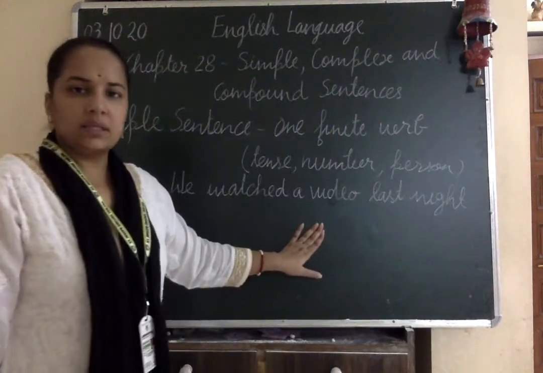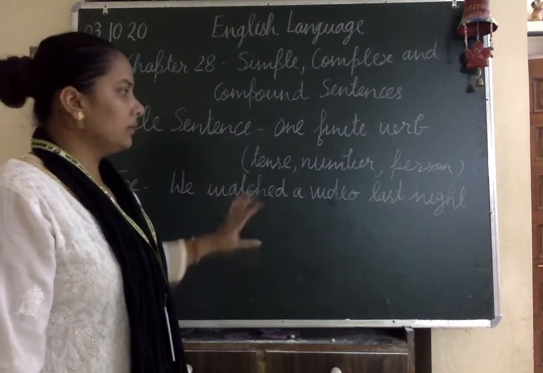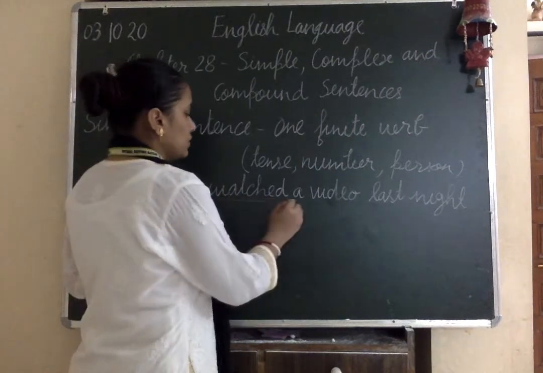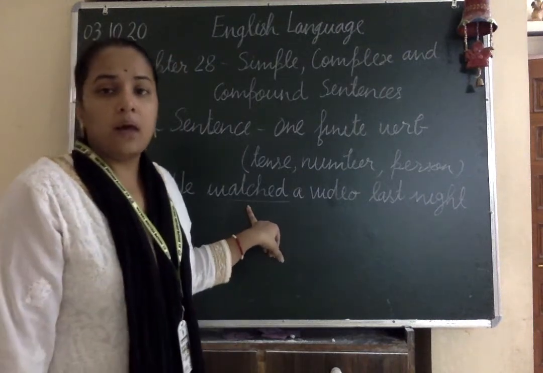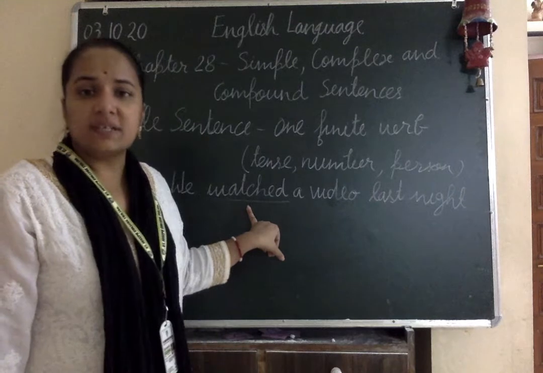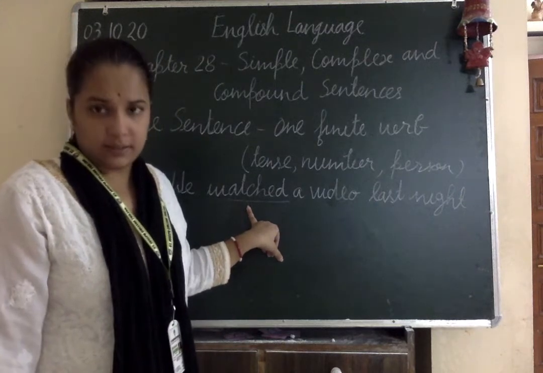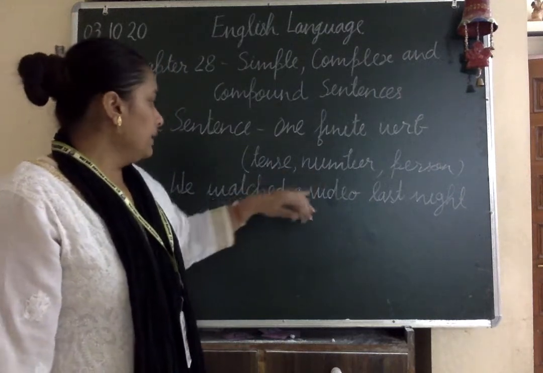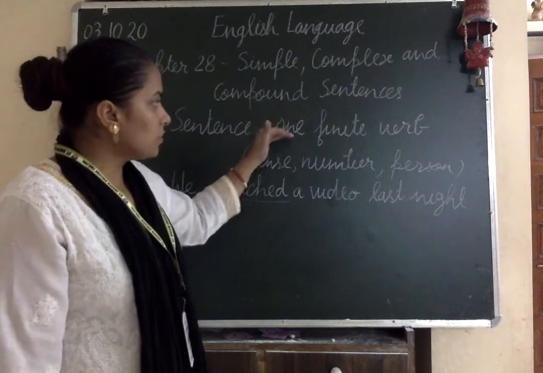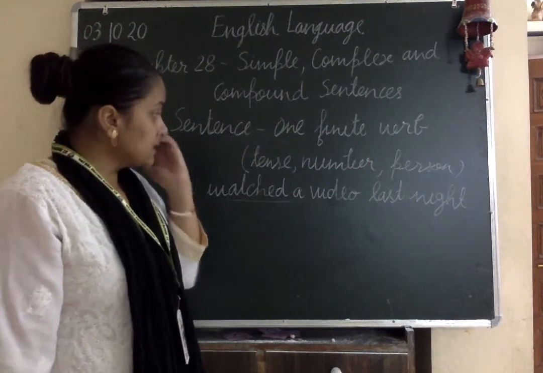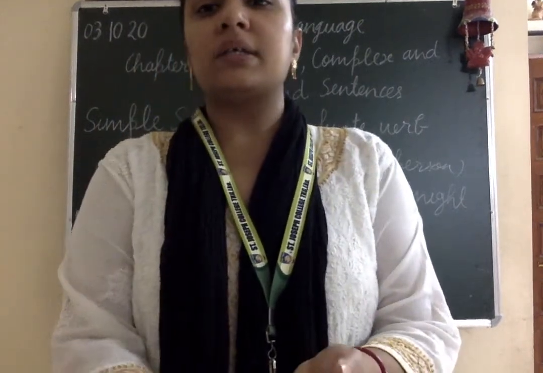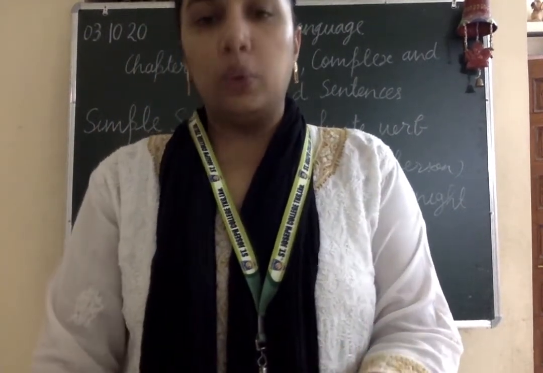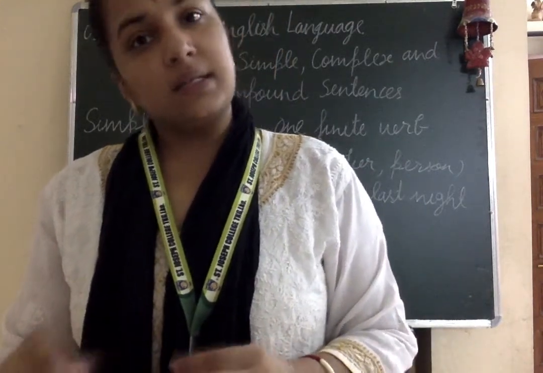Here in this sentence, you can easily determine the things. Watched, no other helping verb, that means it is the simple past, or we say past indefinite tense. You can determine the tense of the sentence, and here in this sentence only one verb is used.